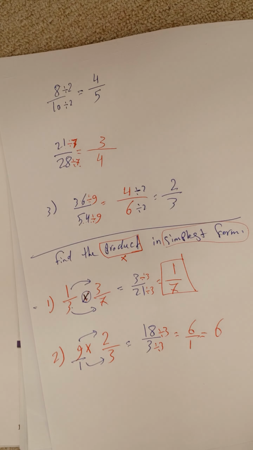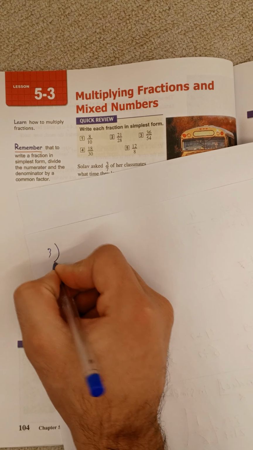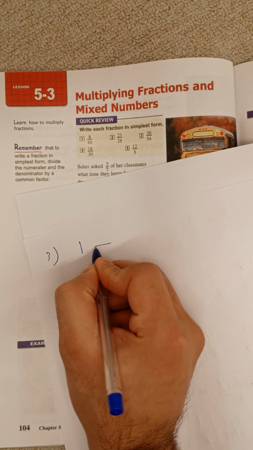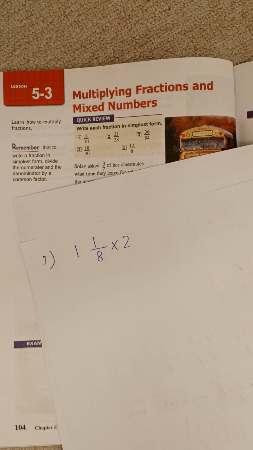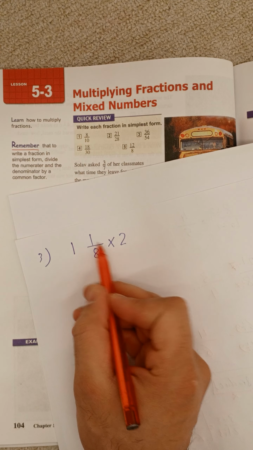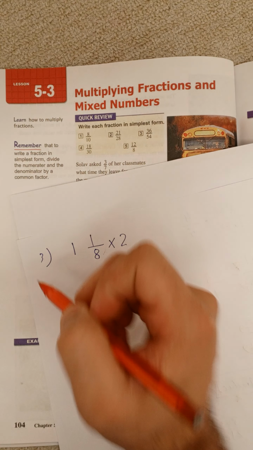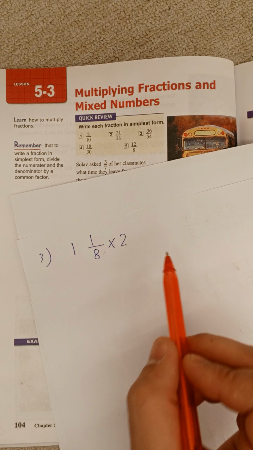And the next example, question 3, is 1 and 1 over 8 times 2. Okay. This one is the mixed number multiplied by the whole number. Always try to make fraction by fraction.